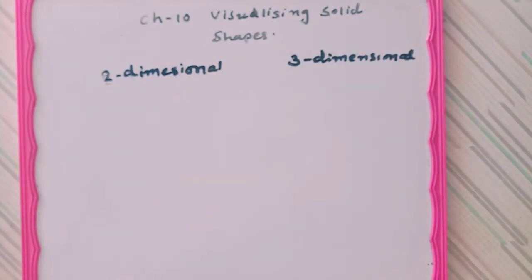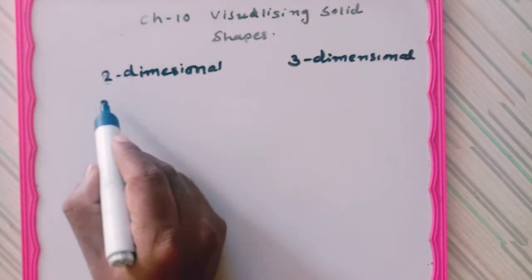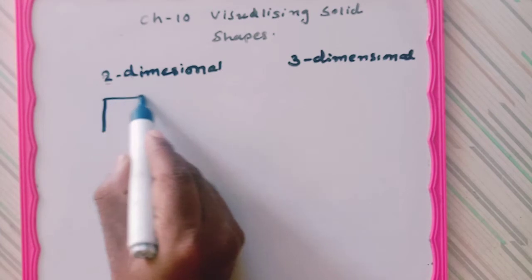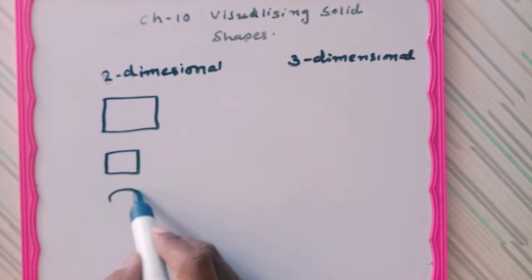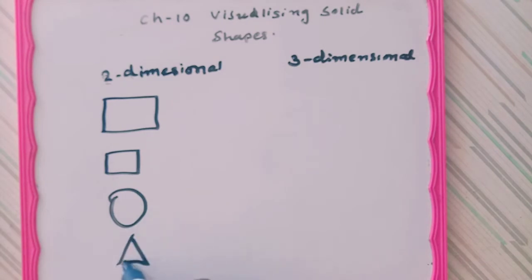For example, two-dimensional shapes, the shapes which we can represent on a surface, are a rectangle, square, circle, triangle.